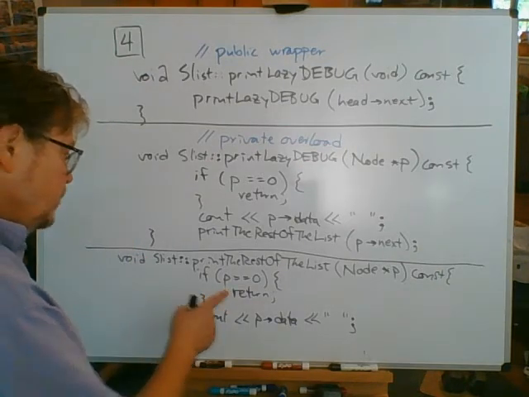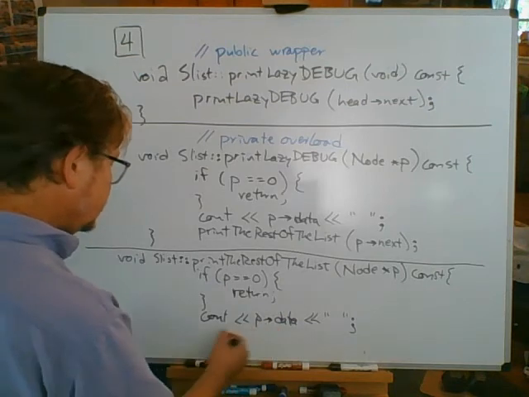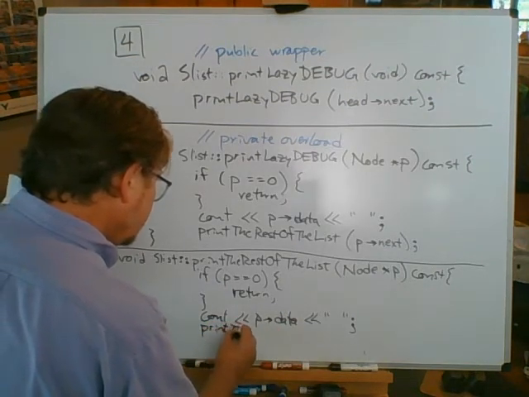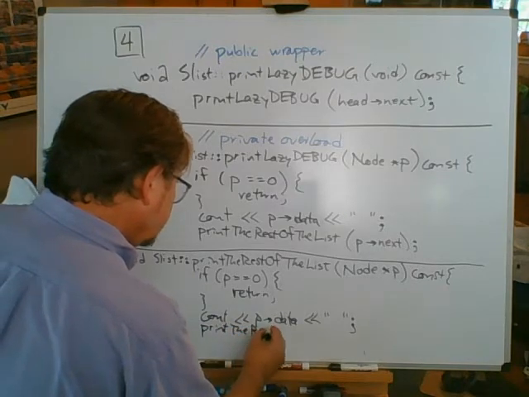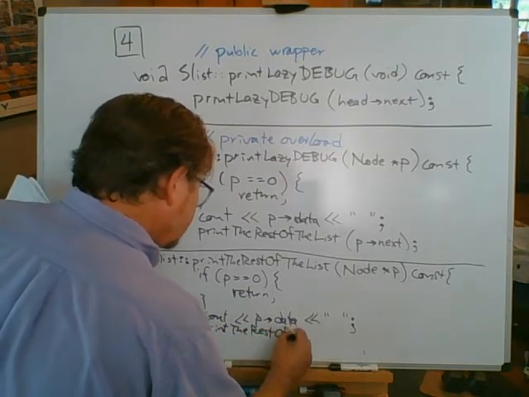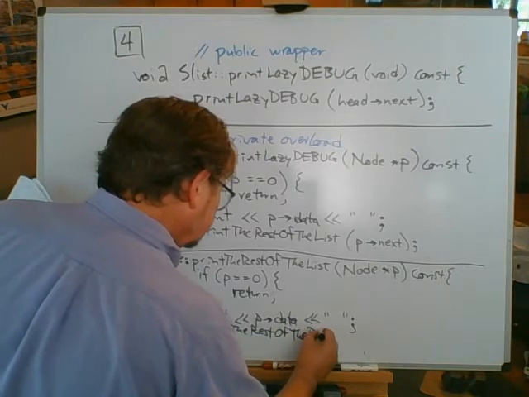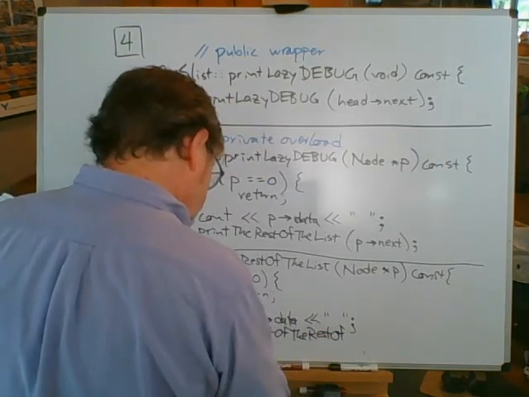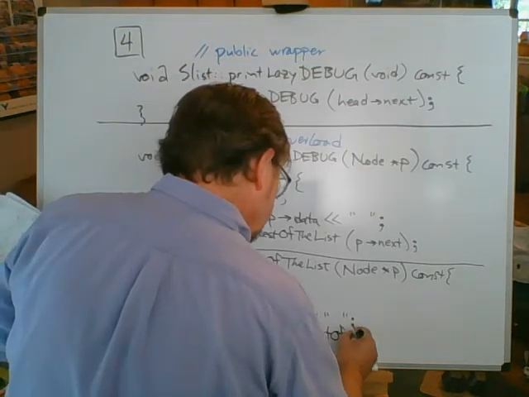What have we got? We just now printed out the data, the second real node in the list. I'm going to call another function to do all the rest of the work. Print the rest of the list. The longest function name I've ever written on the board, I think. Print the rest of the list.